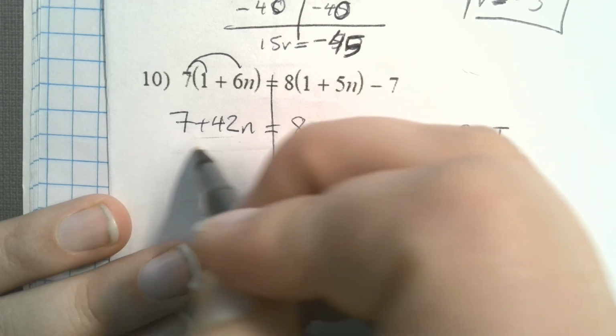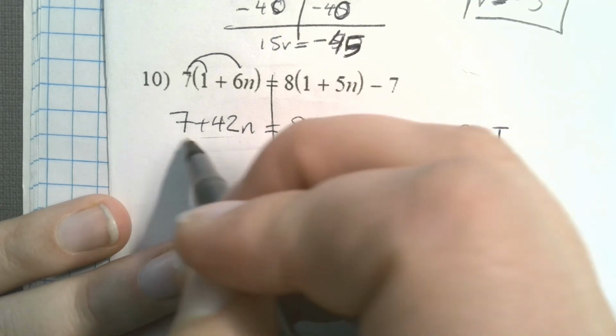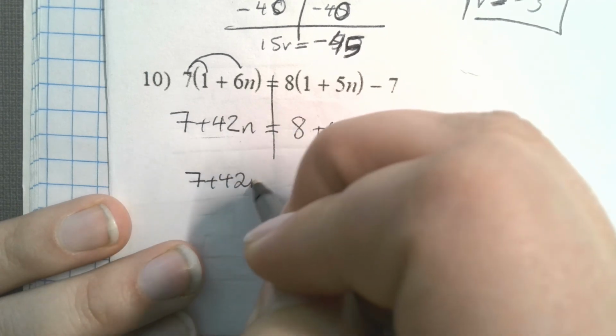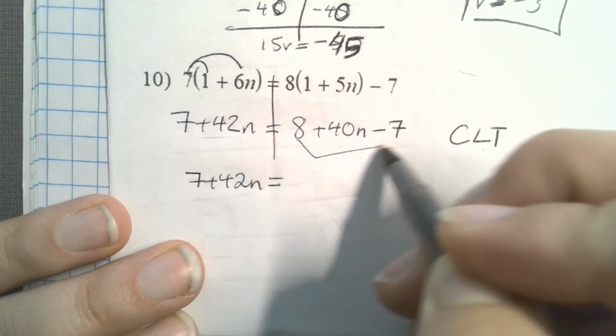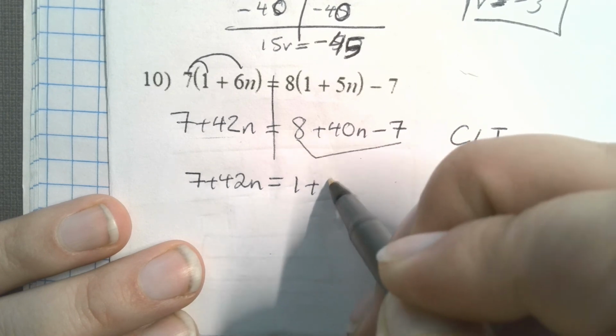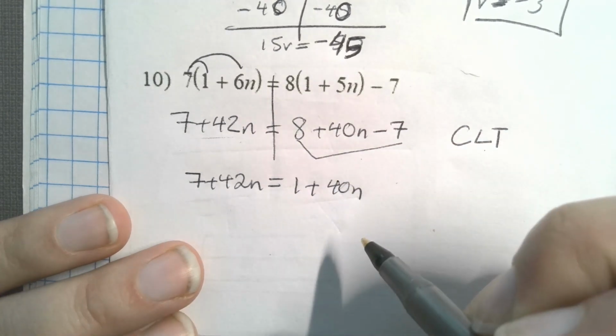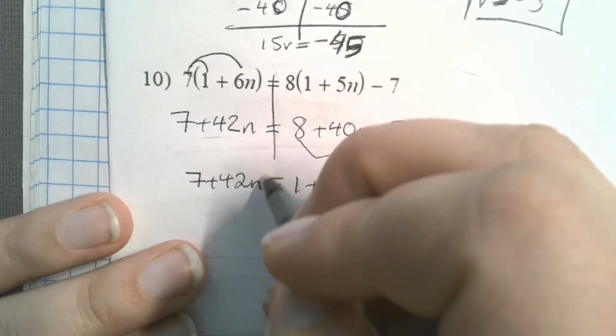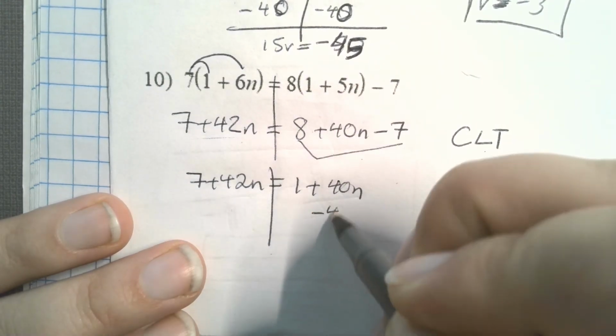This side can't do anything because there's only 2 terms and they're not like, so we just write them down. These are going to go together to be 1 plus 40n. And now from here, it doesn't matter which side you put the variables on and which side you put the numbers on. I'm just going to say minus 40n.